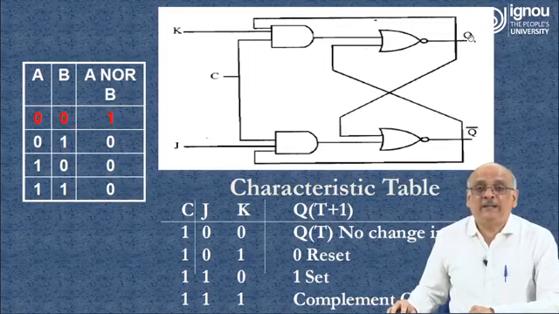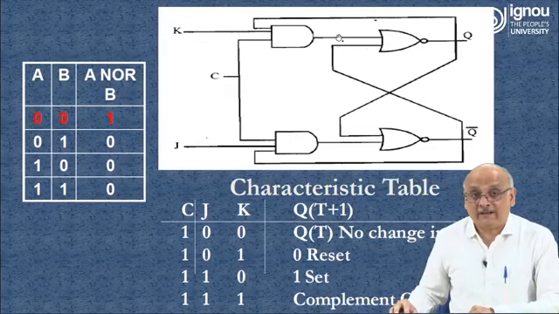Suppose Q is 1, so obviously the initial state is Q is 1 and Q bar is 0. If Q is 1, what is the output of this particular AND gate? 1, right? And what is the output of this other AND gate? Because Q bar is 0, the output of this AND gate is going to be 0.